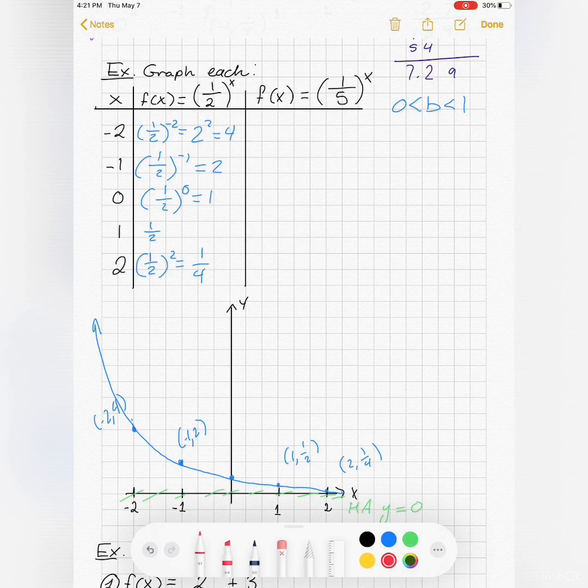Let's do a fifth to the x. Oops. Forgot to flip that, didn't I? A fifth to the negative 2 is 5 to the 2, it's 25. A fifth to the negative 1 is 5 to the 1.